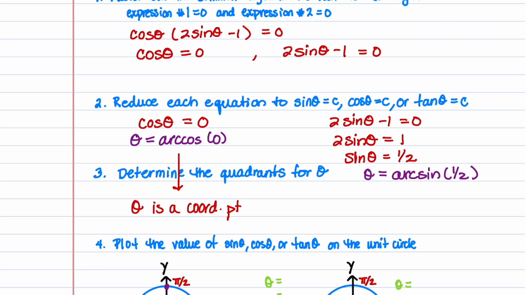For the equation on our right-hand side, sine theta is positive, and sine is positive in quadrants 1 and 2, so theta is going to be in quadrant 1 and in quadrant 2.